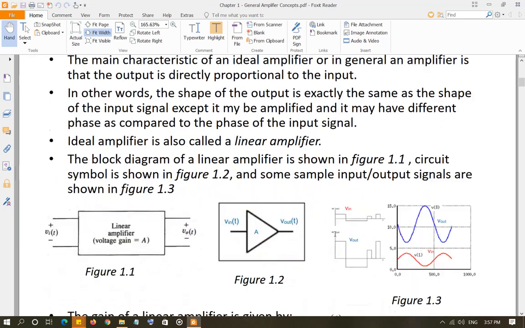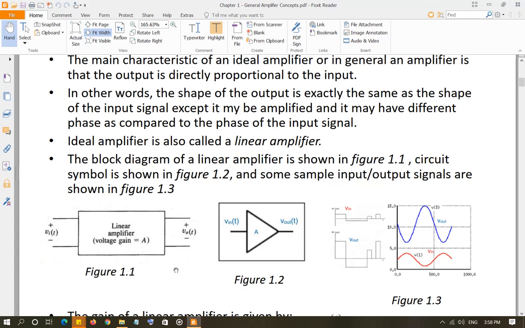So any amplifier that produces a signal at the output which is a replica of the input, that is, the exact shape of the input, is called a linear amplifier or ideal amplifier. The only thing that can be changed is the amplitude and the phase, but the shape should not change.